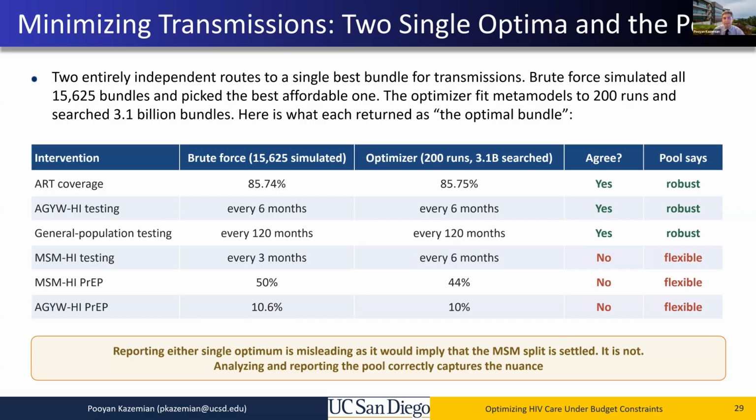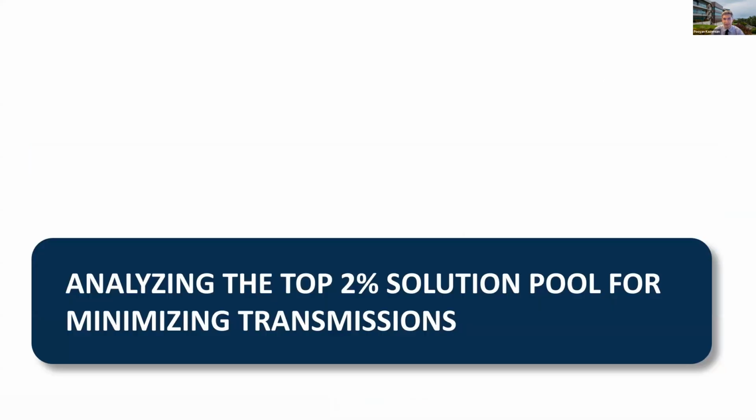We have flexibility on how to spend the money on MSM PrEP versus MSM testing here, whereas some other components of the bundle of care are robust and should be set nationally. So analyzing and reporting the pool captures this nuance, and that is exactly what I do next.